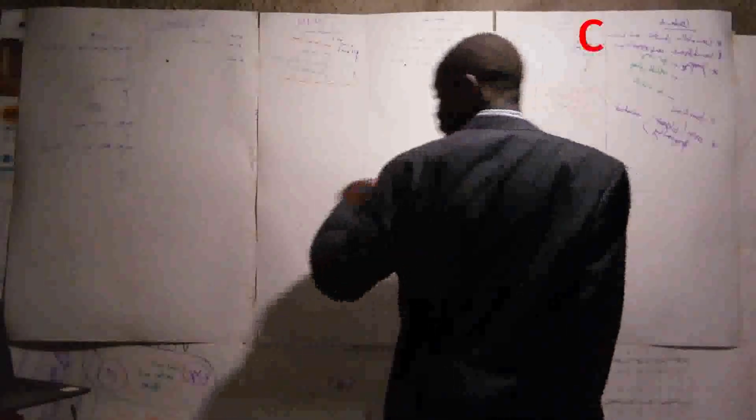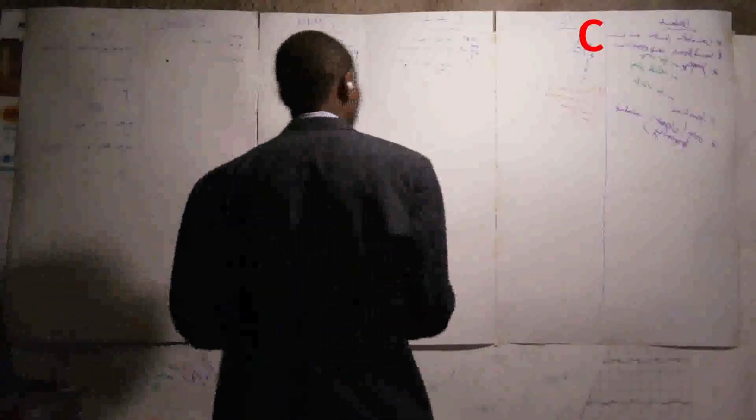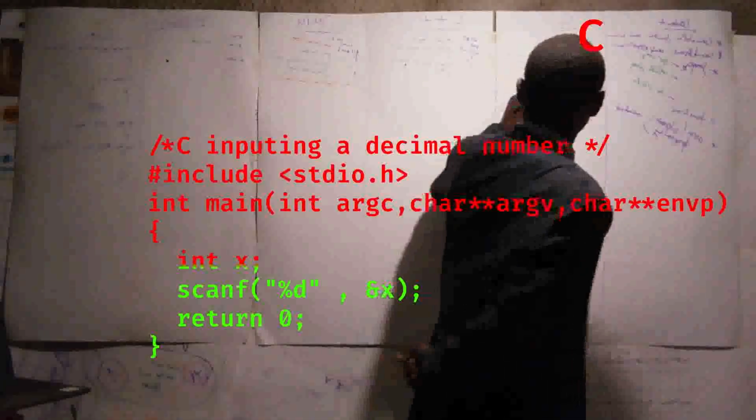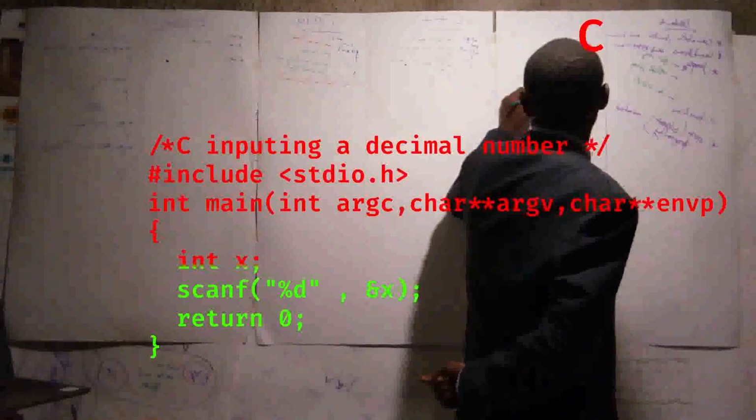In C, let's declare the integers int x and int y.